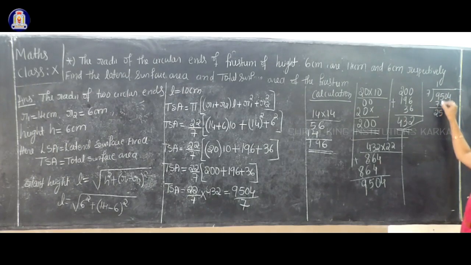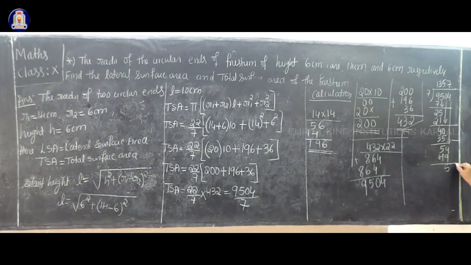Next is 5. 7 threes are 21, 4 remainder. Next is 0. 7 5s are 35. Correct, no? 5 remainder. 54. Correct, no? 7 sevens are 49. 7 8s are 56. So 49, 50, 51, 52, 53, 54. 5 remainder.